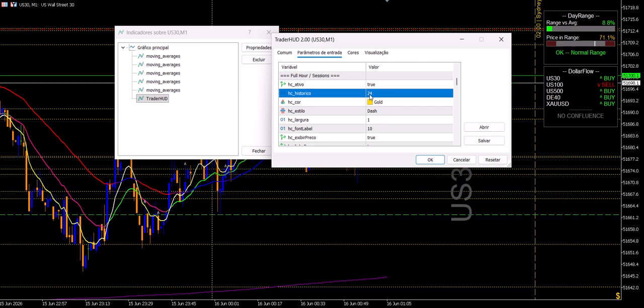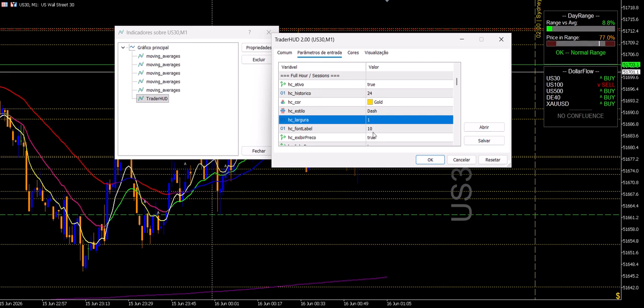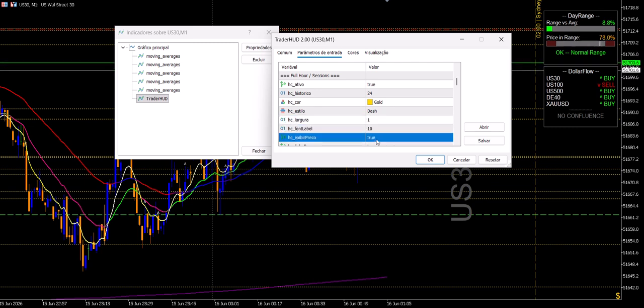Session marker, enable or disable. This is the line count to keep. In this case, I leave 24 to mark roughly where price ran in one day. Line color, dotted in this case. Thickness, font size.